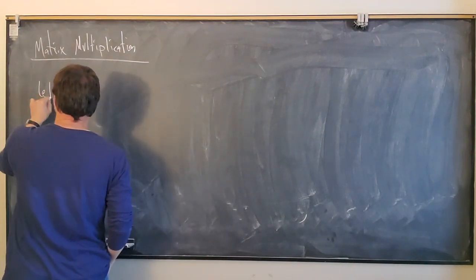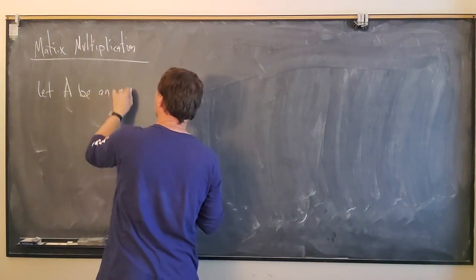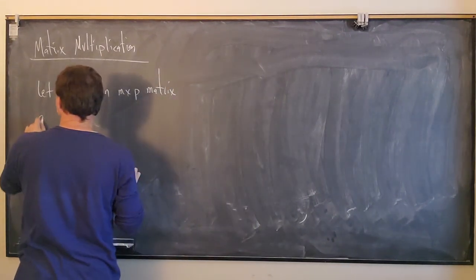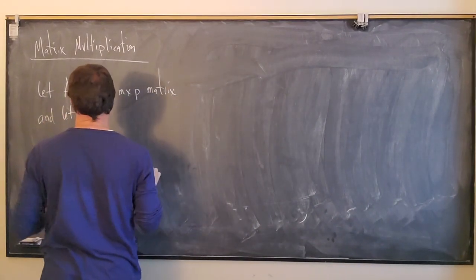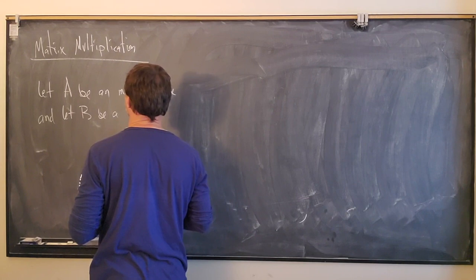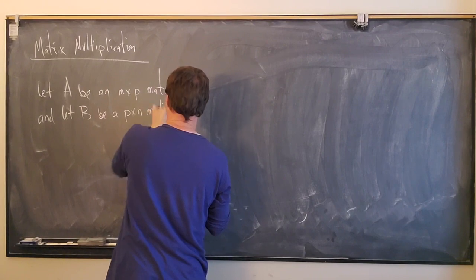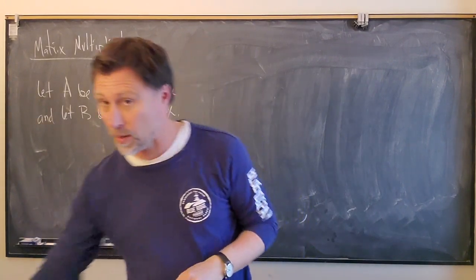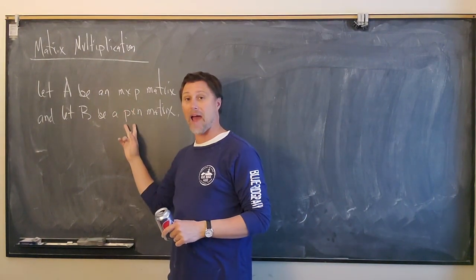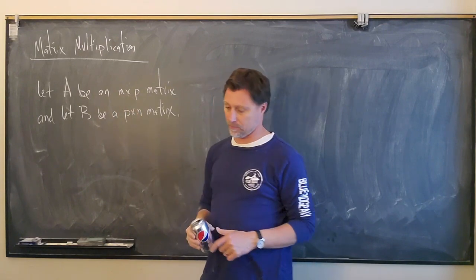Let's let A be an M by P matrix, and let B be a P by N matrix. All right, so there's the setup. If I want to multiply A times B, the dimensions of the matrices have to look like this. A has to be M by P, and B has to be P by N.